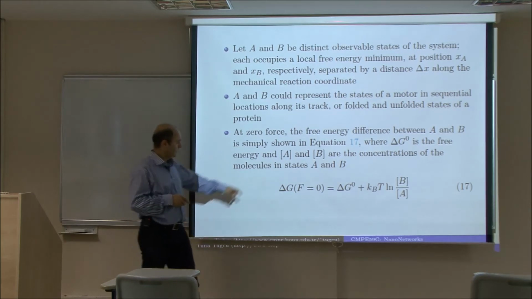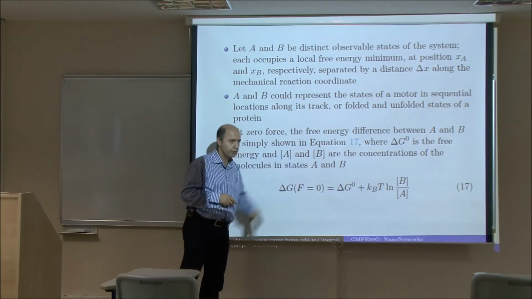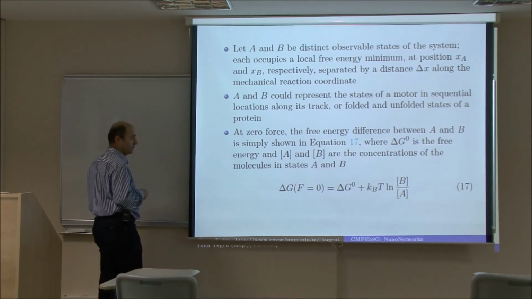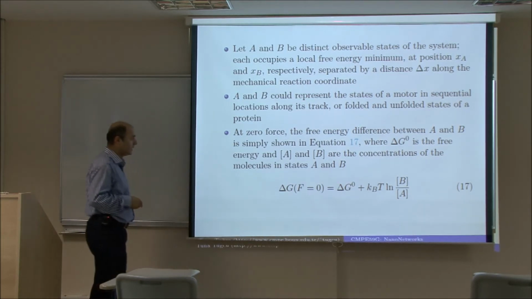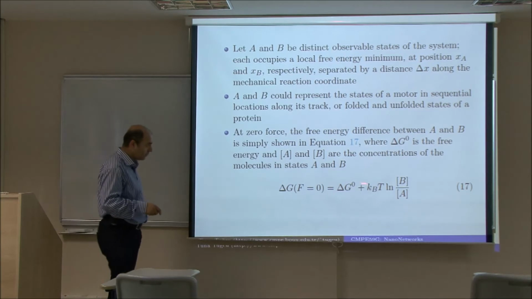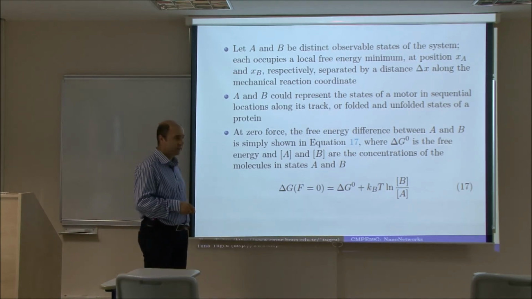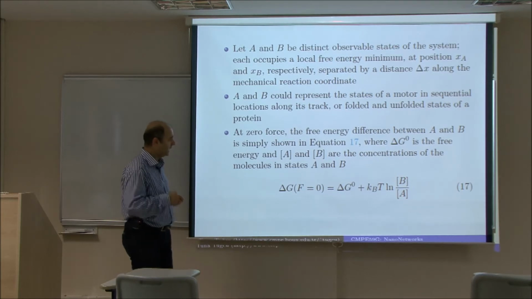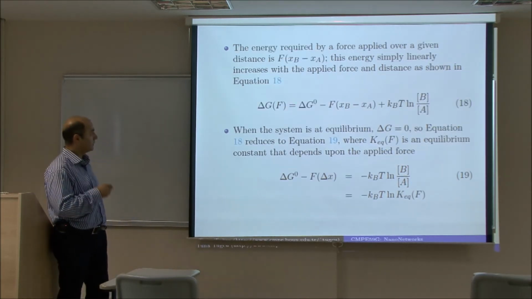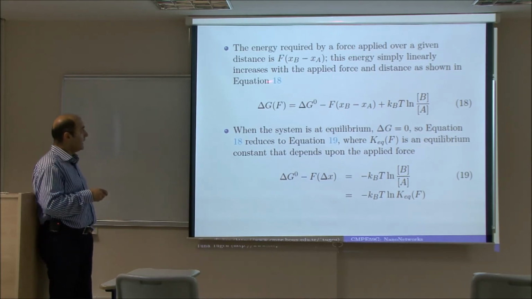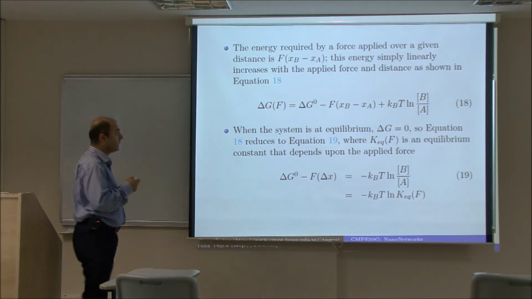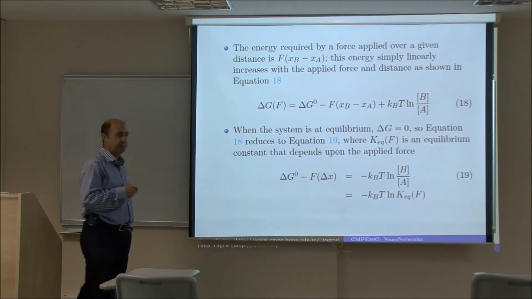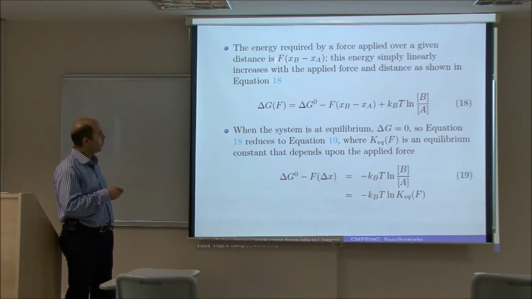So the Gibbs energy, in case of no external forces in the system, would be delta G 0 plus Boltzmann constant times the temperature times the ln of the concentrations of states B and A. Now, the energy required by a force over some given distance would be force times the distance.